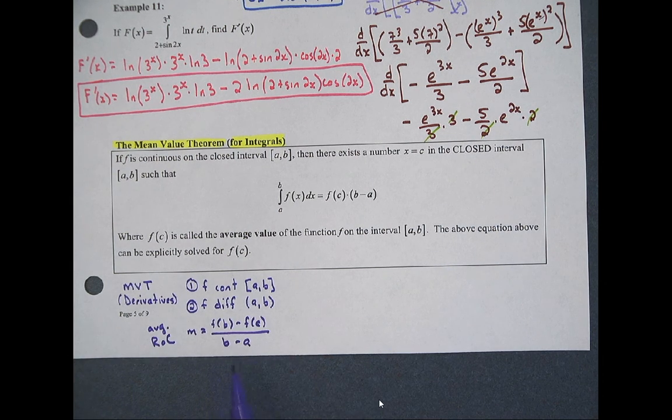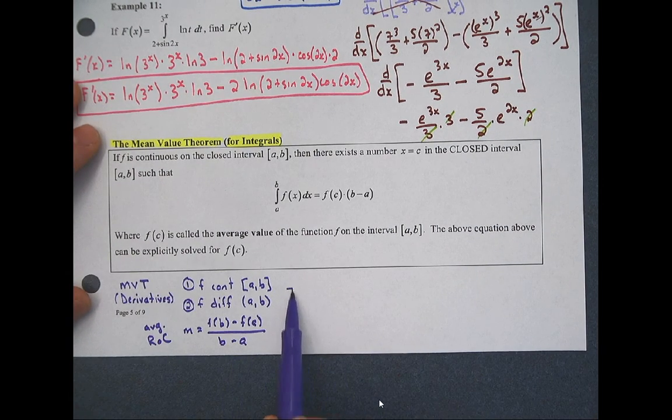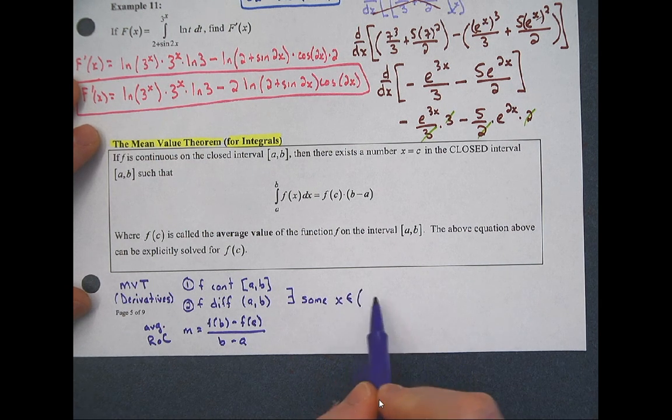After we figured that out, we would make the argument, and it'll look something like this. There exists some x or c, or some other letter, that's in the open interval from a to b.